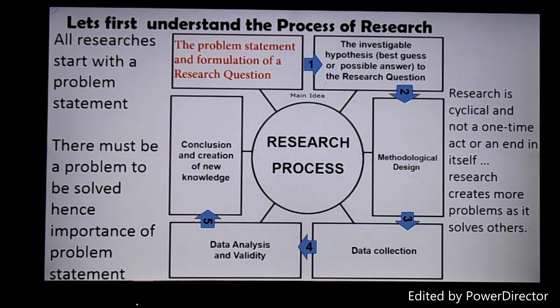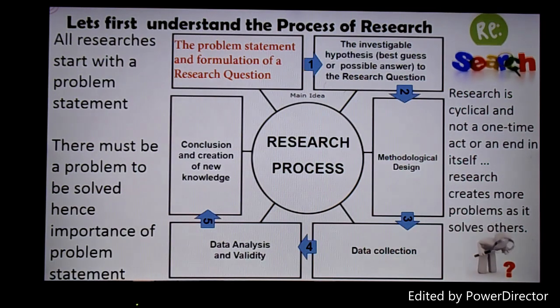But research, indeed, is cyclical, and it's not a one-time act or an end in itself. Research creates more problems as it solves others. Hence, the word research. We can see at the top right, research.